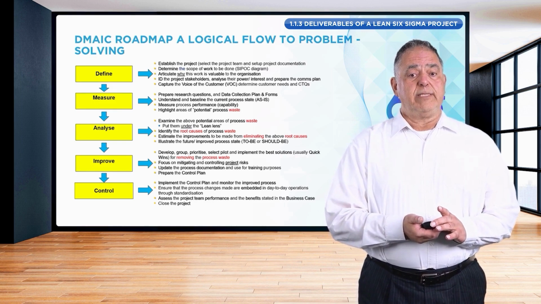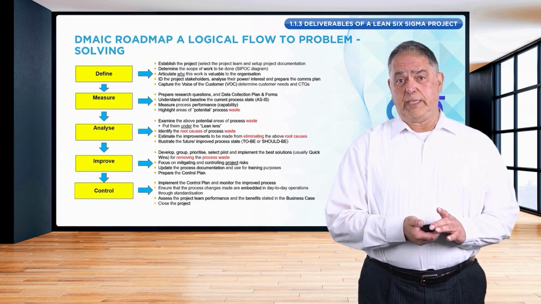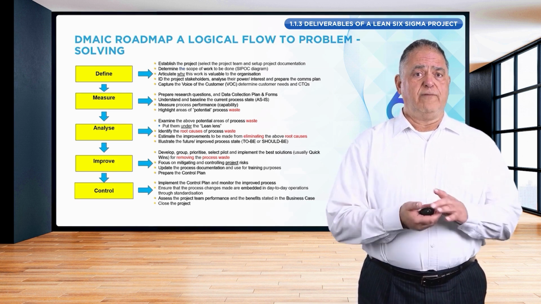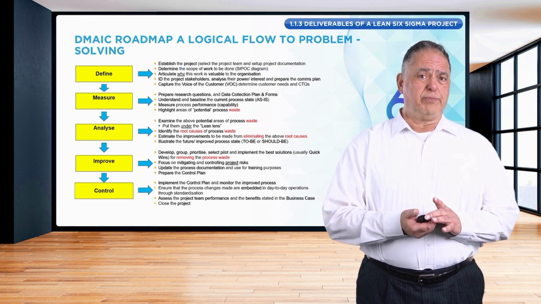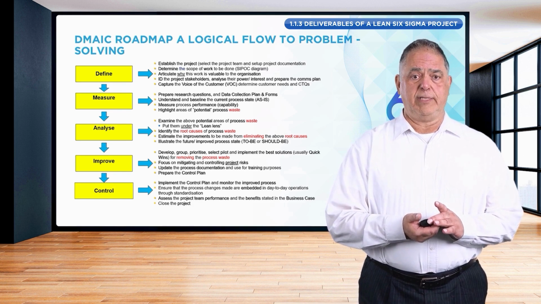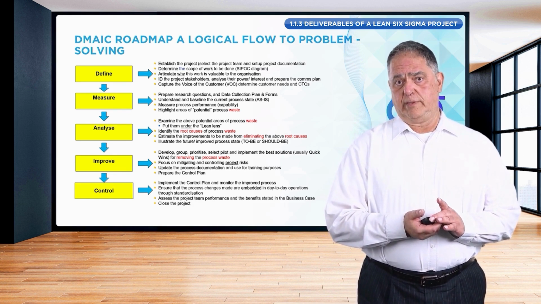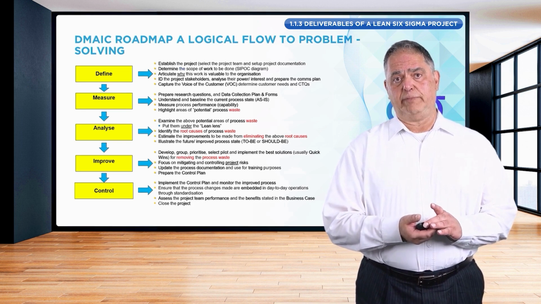We have to understand and baseline the current state of the process in order to fully understand how the process performs before we make any changes. We have to measure the process performance, which is known as process capability.